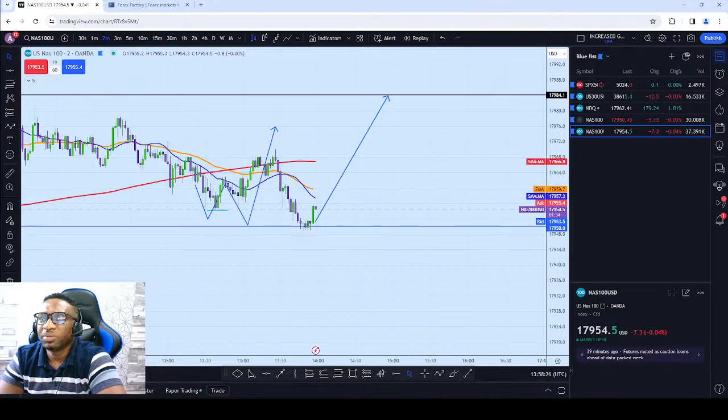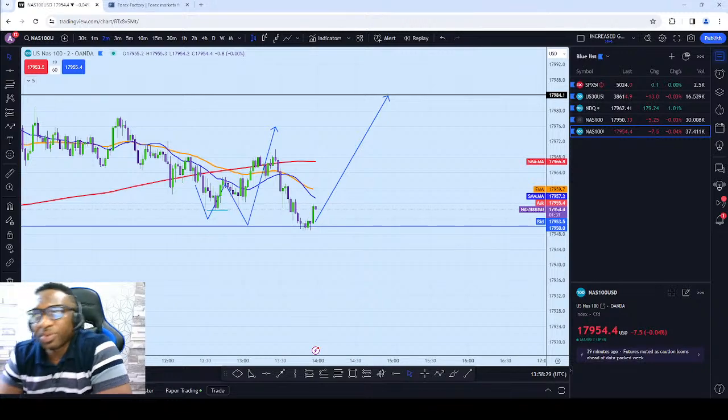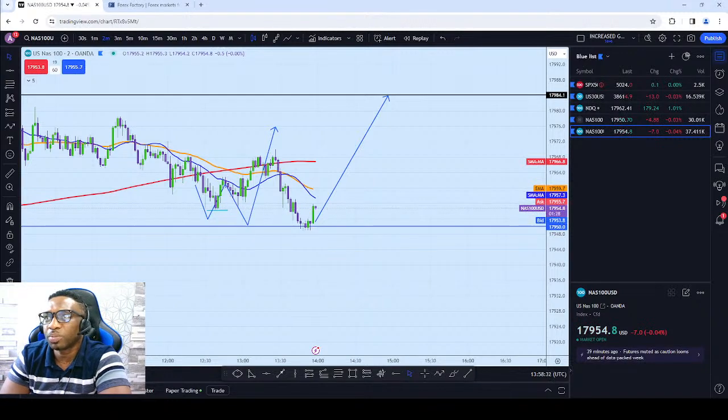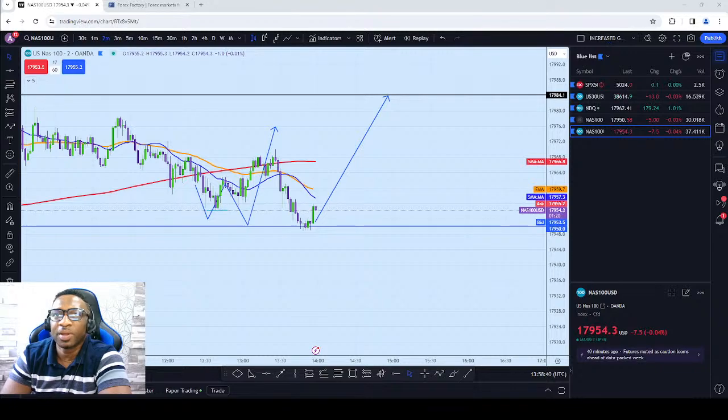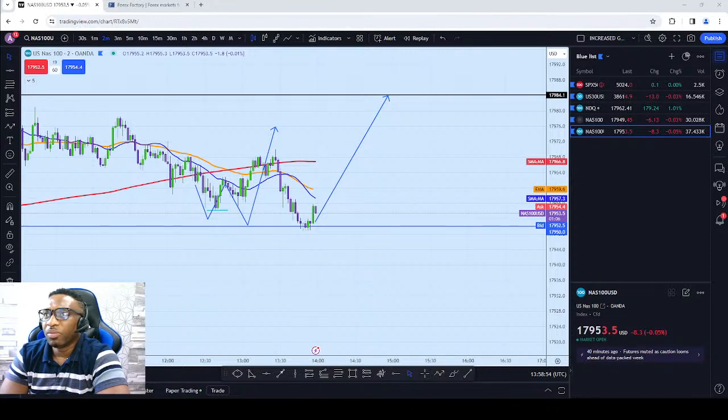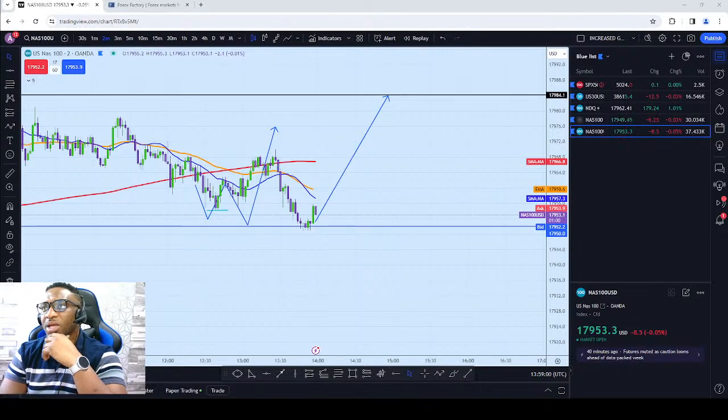So guys, some of these things do happen, and when it happens, your only protection is your stop loss. That's why I always keep telling us to use a stop loss whenever we put in our position, because we truly don't know what will happen. We can do our analysis as much as we can, and on top of all that, we still have to put in our stop loss because we don't really know what's going to happen next.